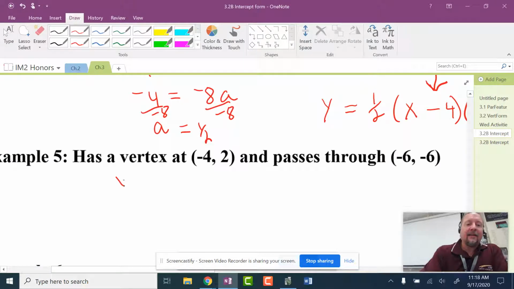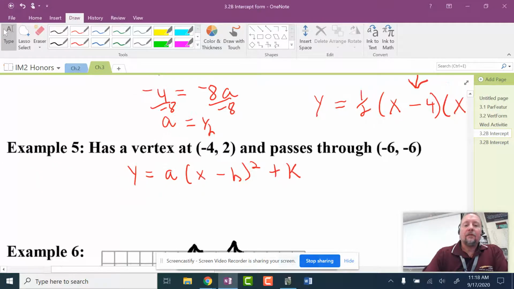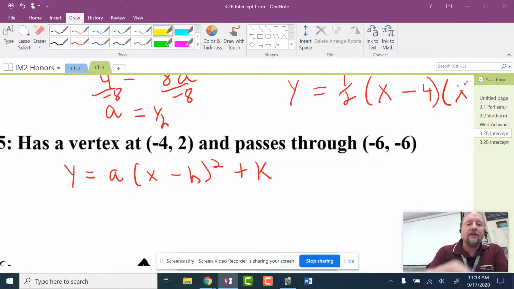And then you put that in, meaning, okay, I have a vertex, so I'm going to use this form now. Okay, and then where does -4 go? What letter, Sydney? Where does 2 go?